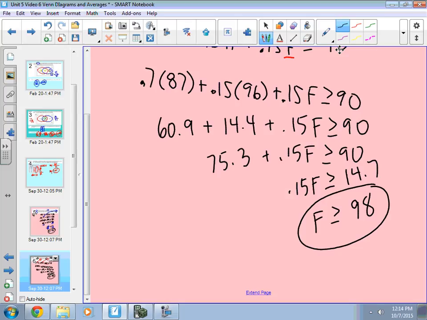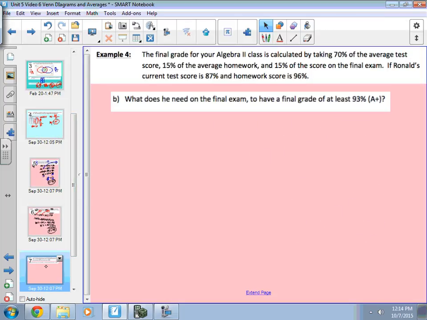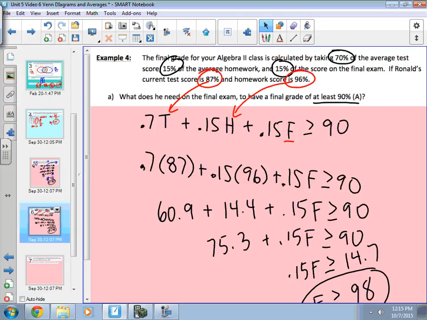Okay, there's a part B to this one. On part B, they want to know, what does he need on the final exam to have a final grade of at least a 93%? Now we're looking at 93 instead of 90, so it's basically the same problem.